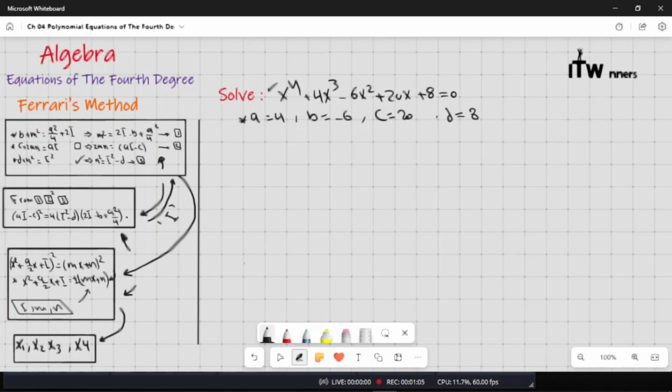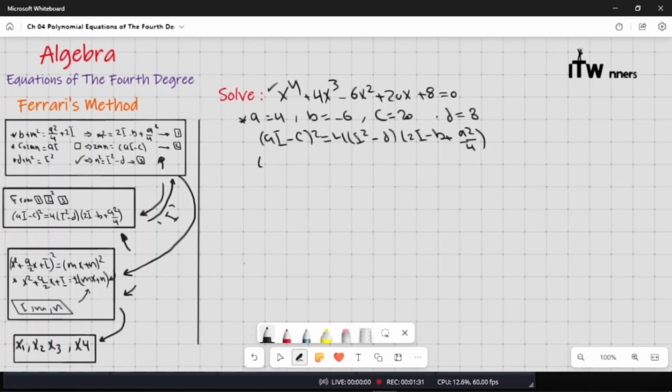Okay, just start from this equation: (ai minus c) squared equal to 4 i squared minus b into (2i minus b plus a squared over 4). Okay, just substitute with these values.